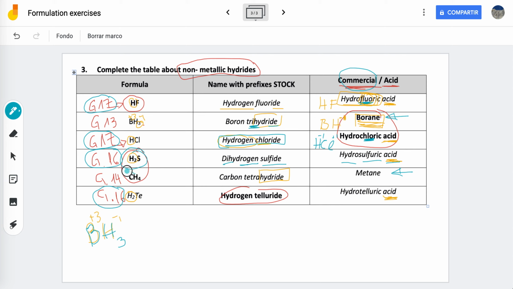Next example, they gave me this, which meant that there is a carbon first and hydrogen later, tetrahydride, and then the commercial name, methane. And then the last one is hydrogen telluride. This is what we have as information from the beginning.